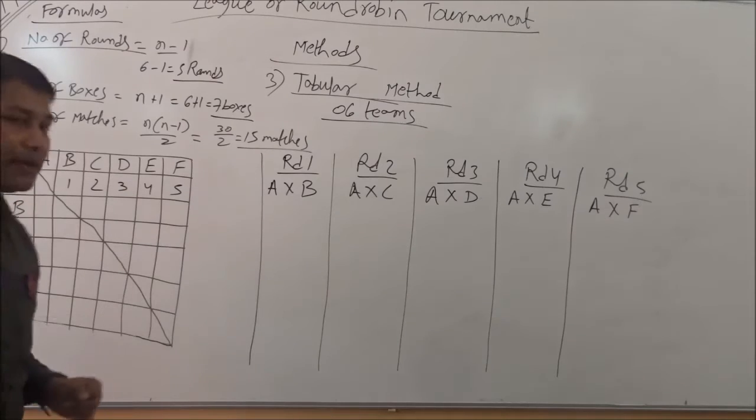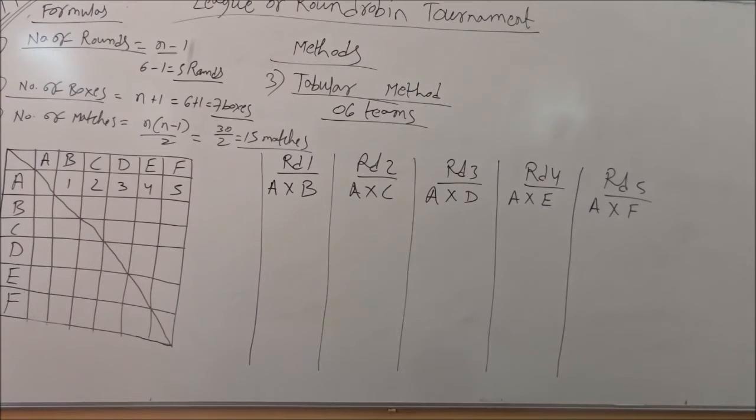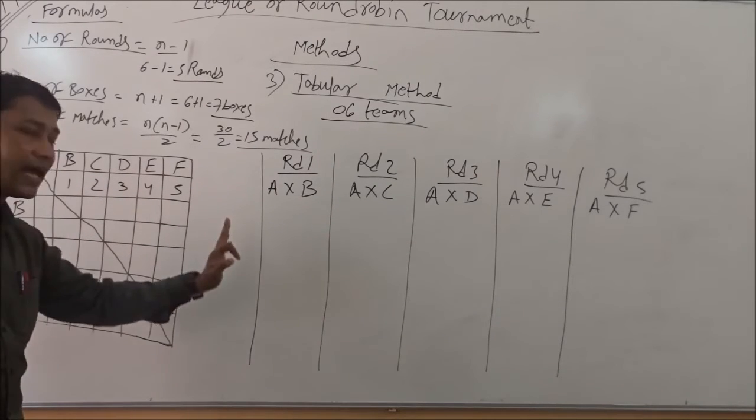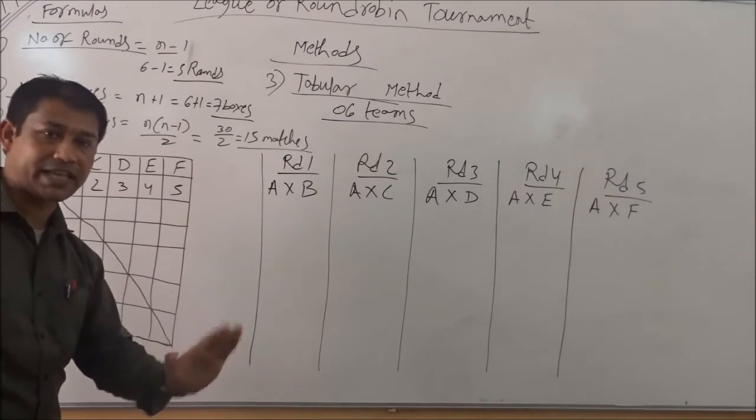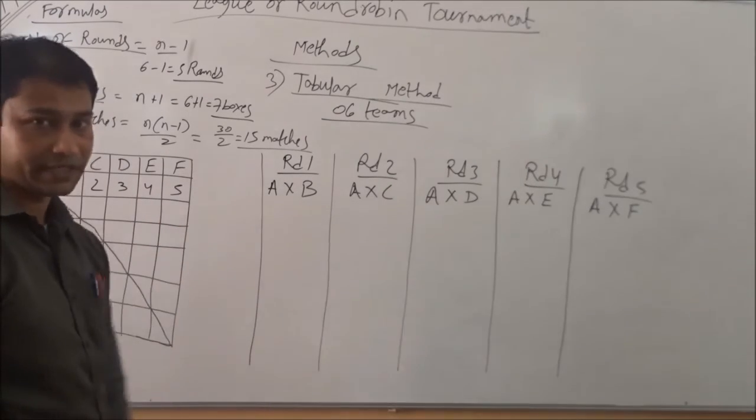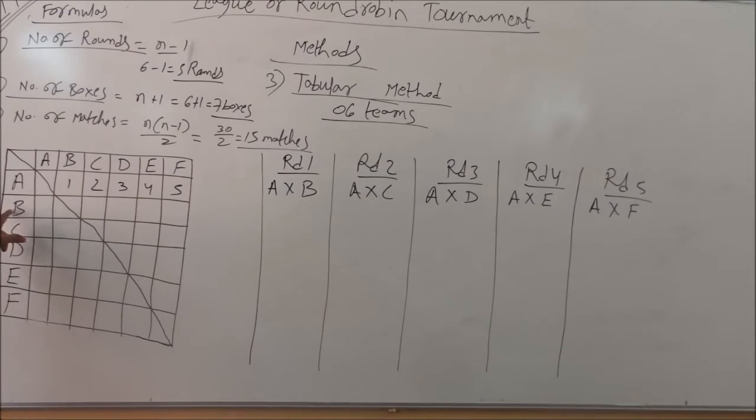The second team is B. Now, whenever a new team will start playing, we need to take care from which round the previous team has started playing. From whichever round the previous team has started to play, for the next team we will always skip one round in between. So if A has started playing from round number 1, B will start playing from round number 3.